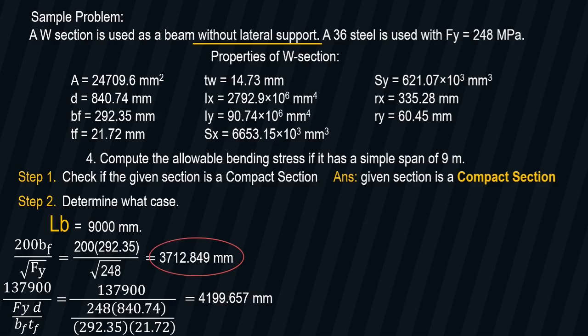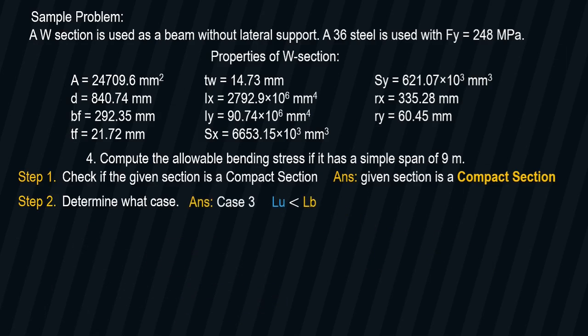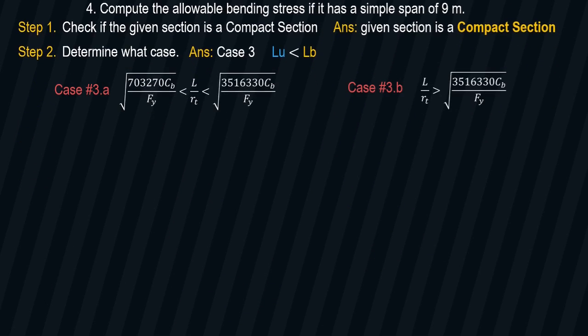So for LC, we have 3,712.849 mm, and we have 4,199.657 mm for LU. Comparing the three, obviously LB exceeds both LC and LU. So we are in case number 3. But we still need to know if it is case number 3.A or case number 3.B.